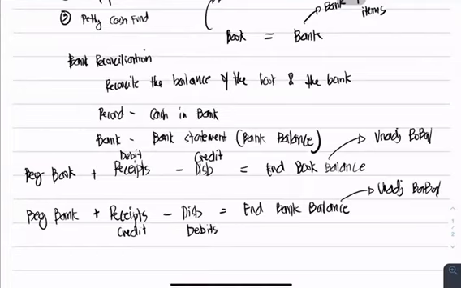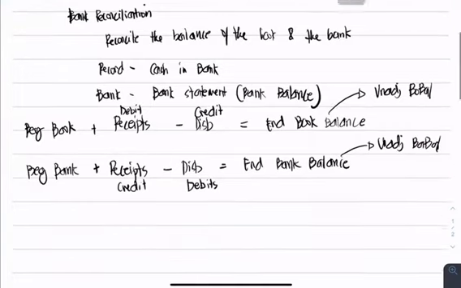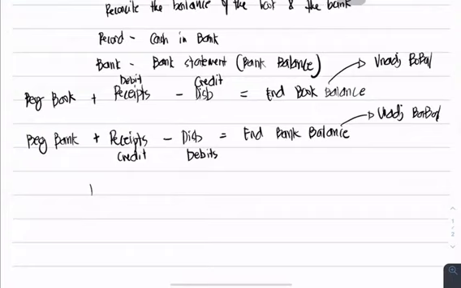Okay, so sir, why do we call the receipts of your bank as credit and the disbursement as debit? So remember, we have here your book. Book has an asset over the bank, in the form of cash.